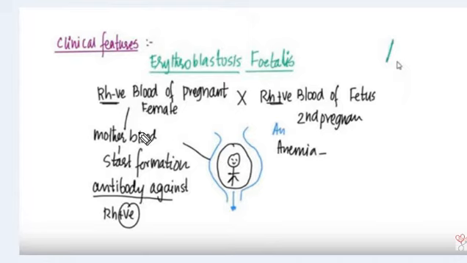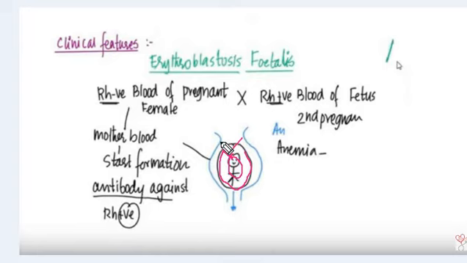Then what happens? The mother's blood starts formation of antibody against this Rh positive blood of the fetus. Suppose this is the fetus and this is the uterus. Inside the uterus the fetus is present, and we know the fetus is connected with the mother's blood through the placenta.